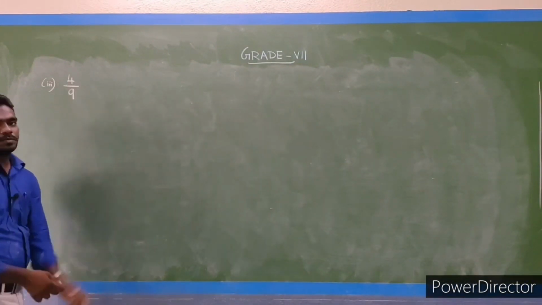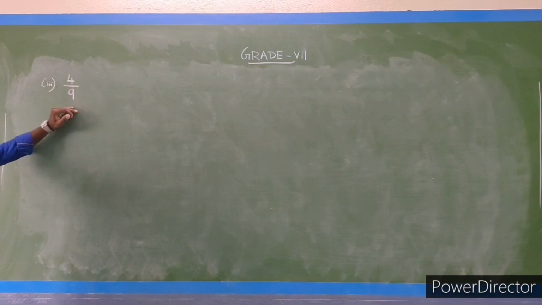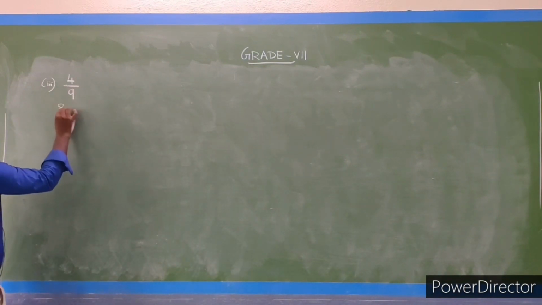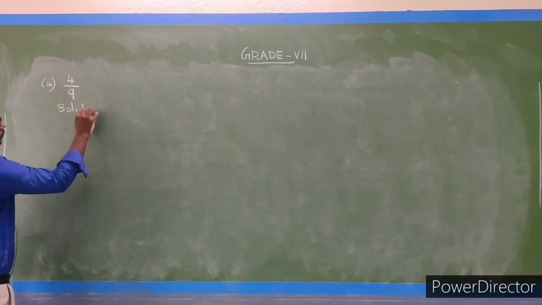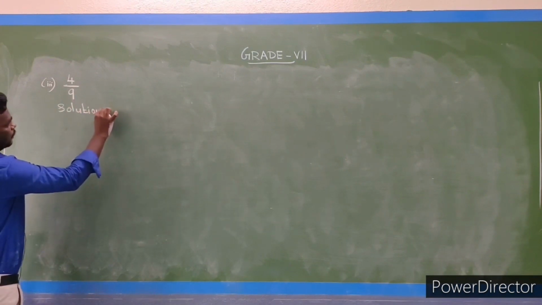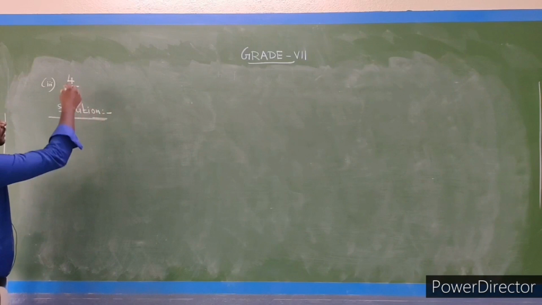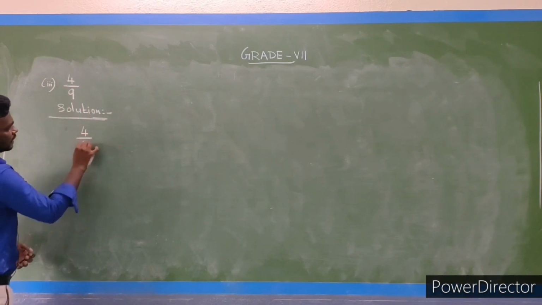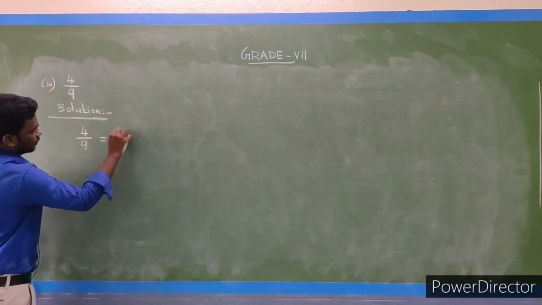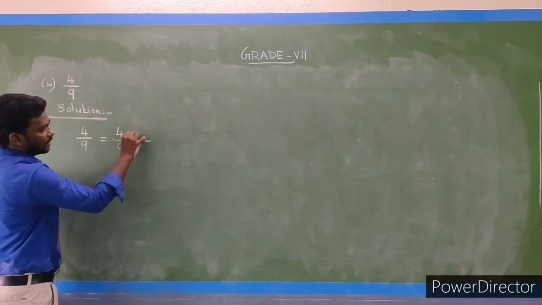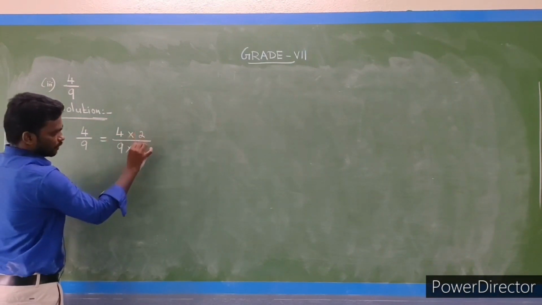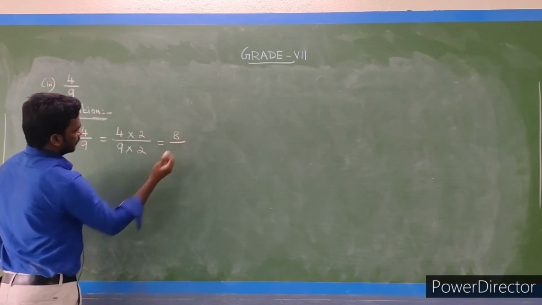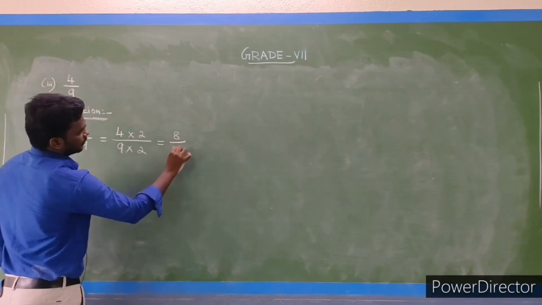Next, our third one, we have to find 4 rational numbers equivalent to the number 4 divided by 9. How to find this? We write 4 by 9 multiplied by 2 by 2, which is 4 2s are 8 divided by 9 2s are 18.